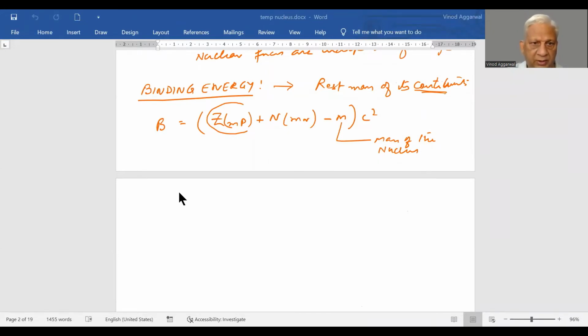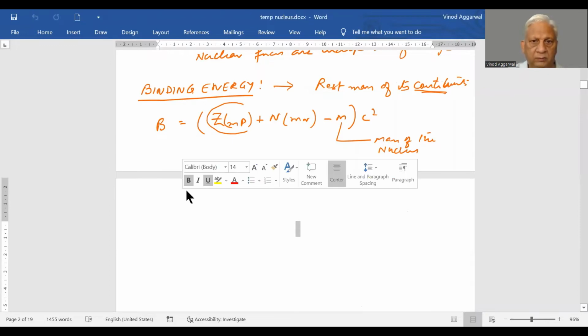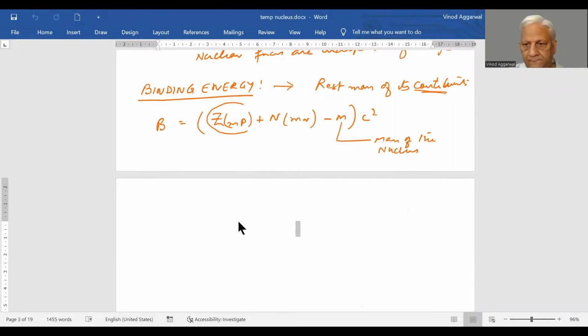Now this can be rewritten as: this Z, which is mass of proton, we can replace it with mass of hydrogen atom with Z equal to 1 and A equal to 1.